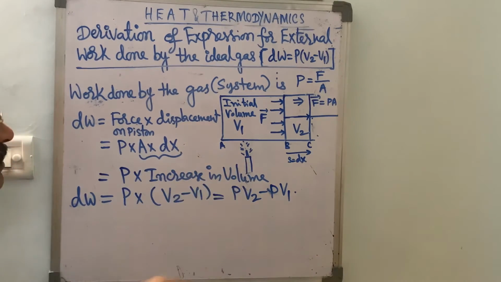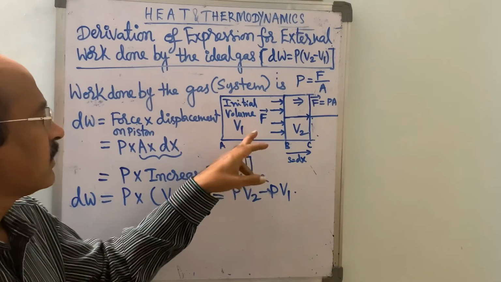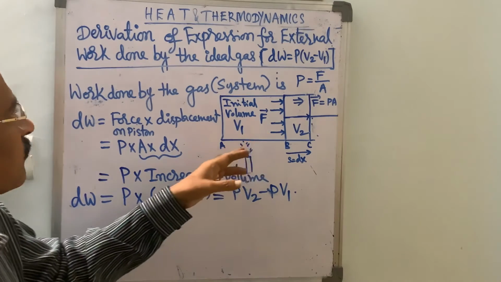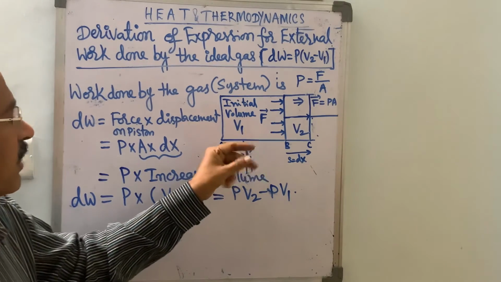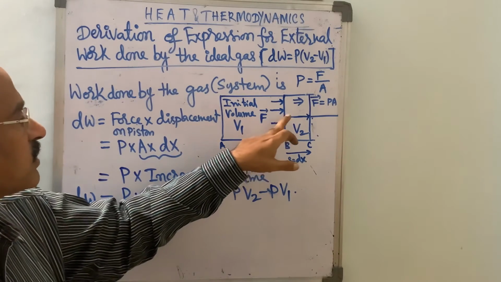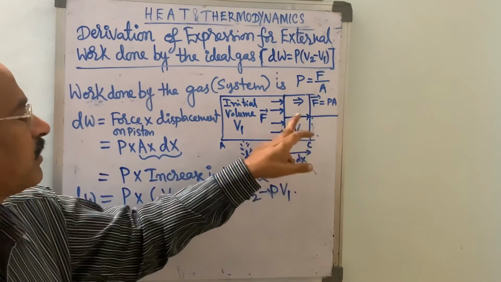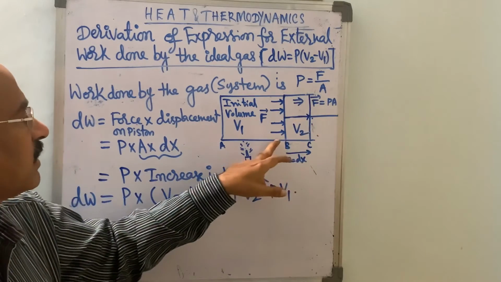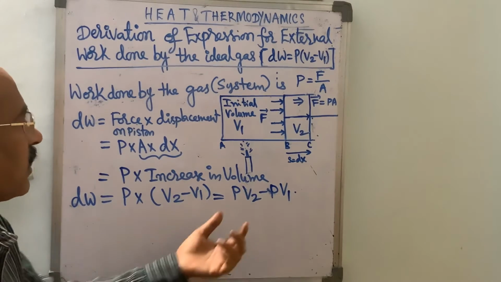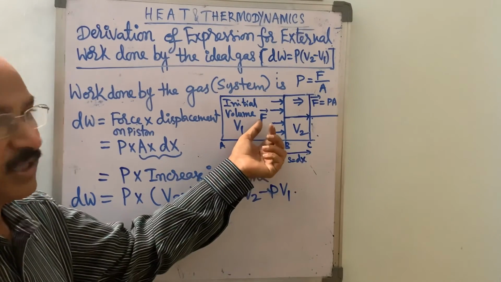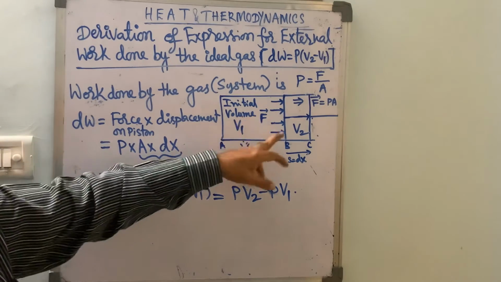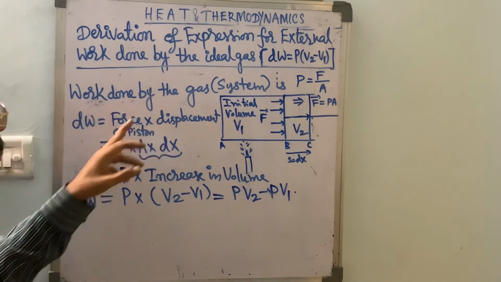When some heat energy is applied to the gas, some force acts on the piston and thermal expansion takes place, and this force moves the piston from B to C, and volume of the gas increases from V1 to V2. As there is some displacement and force acting on the piston, some work is done by the gas.